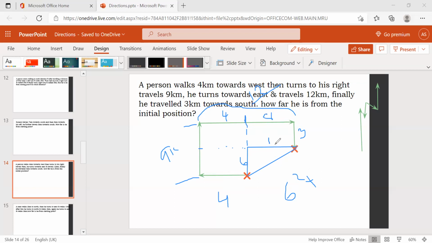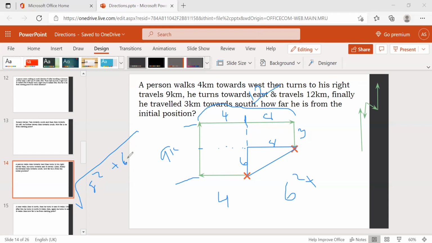Right? 8 square is nothing but 64. Sorry. This is 8 only, right? So now this is 8 and this is 6. We need to find out this one. So root of 8 square plus 6 square.